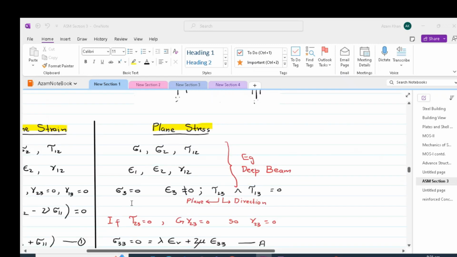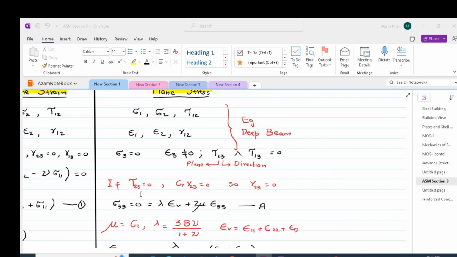So we can say that the stress σ33 is actually 0, and there can be strain ε33, which is non-zero, and following this, the shear τ23 and τ13 will be taken 0. The rest of the stresses, that is σ1, σ2, τ12, ε1, ε2, γ12, are non-zero.